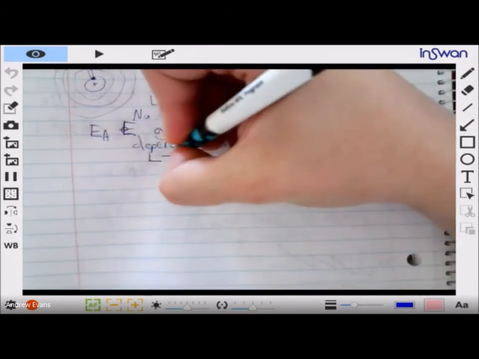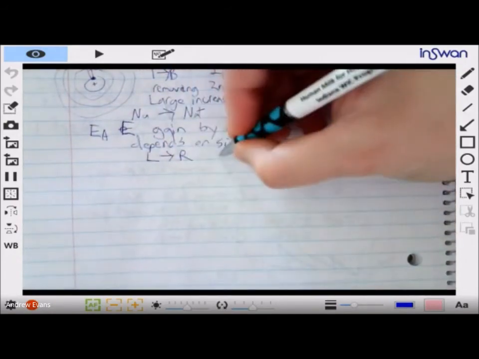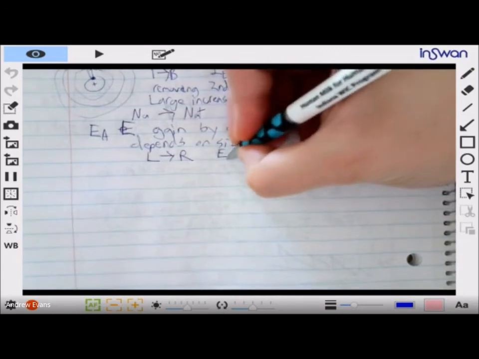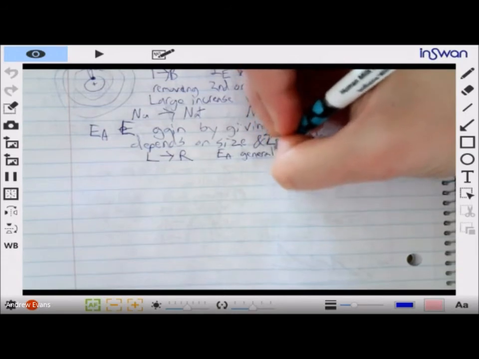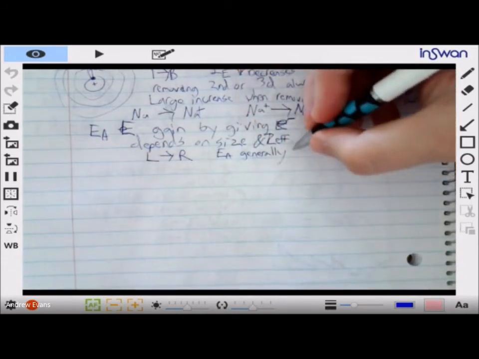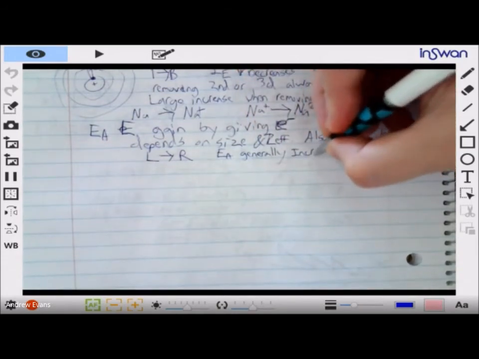Typically, from left to right, electron affinity generally increases, but there are notable exceptions.